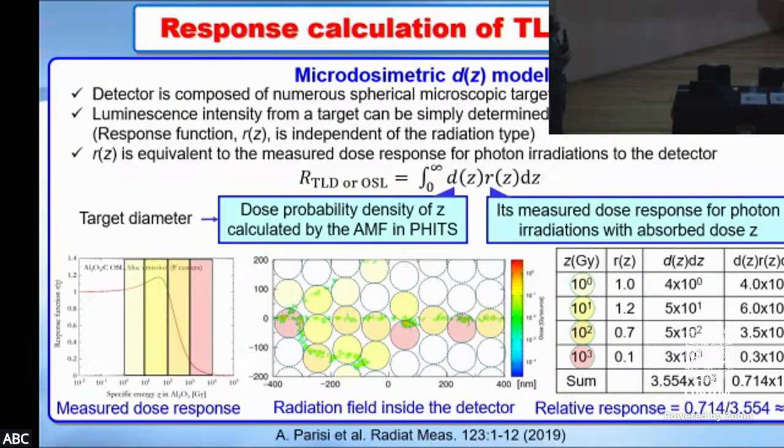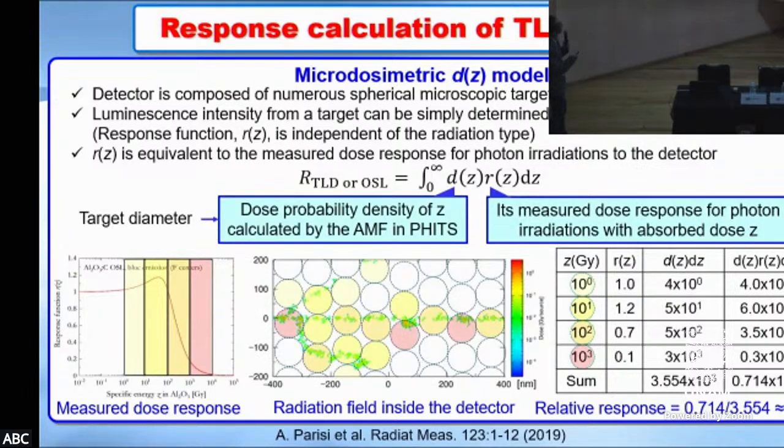And the luminescence intensity from a target can be simply determined from its absorbed dose Z. That means the response function is independent of the radiation type. And the response function is equivalent to the measured dose response for the photon irradiation to the detector. So actually, this is a kind of imaginary response function. But the important point is Alessio correlated this imaginary response function to the real response function for photon dose irradiation.